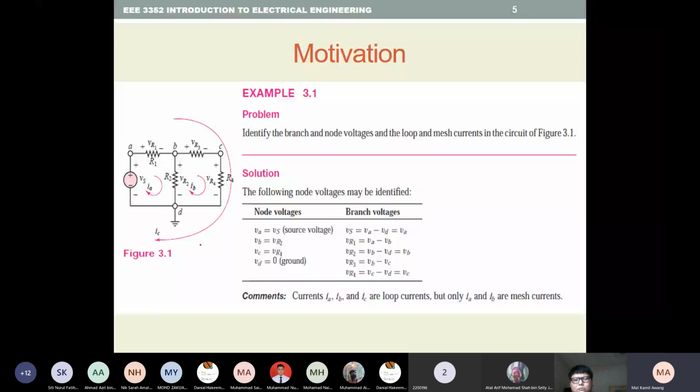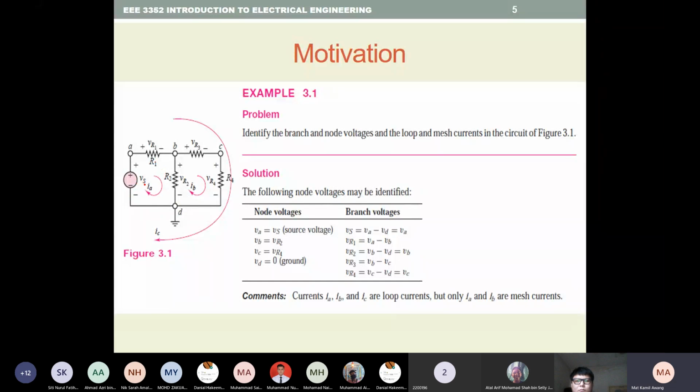So how many loops or meshes do we have? What is the definition of loop or mesh from last week? It's a closed loop where you meet a node not more than once. For example, you have this loop with Vs, R1, and R2. You go through the nodes A, B, and D only once, not twice.